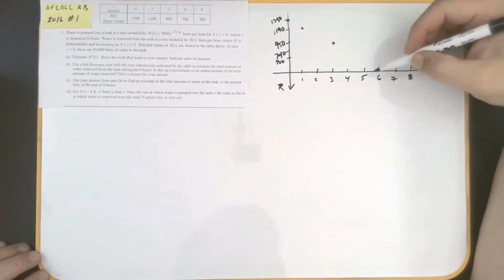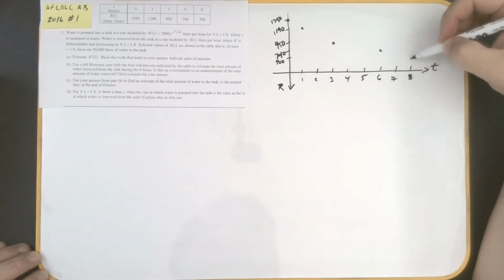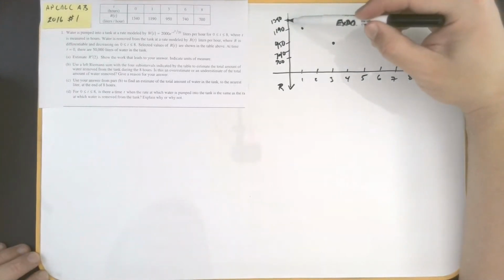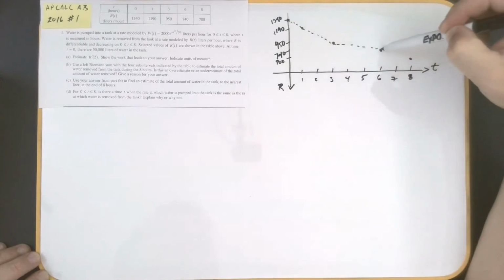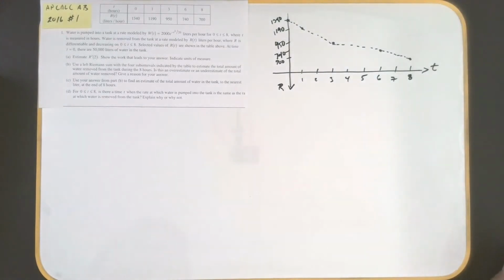And 6 is 740. So that's about right there. And then 8 is at 700. Okay? So as time goes by, and I'm just going to make a dotted line here, it looks like the rate that the water is exiting the tank is decreasing the entire time. Again, it doesn't have to be perfect, it just gives us an idea. It's decreasing the entire time.